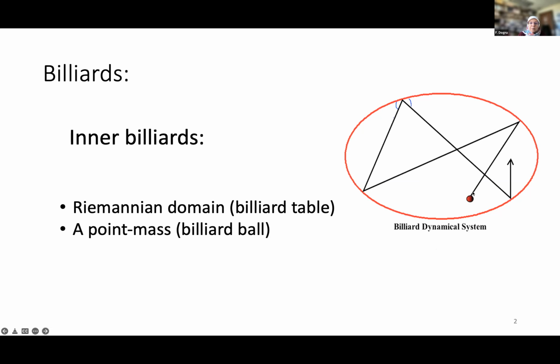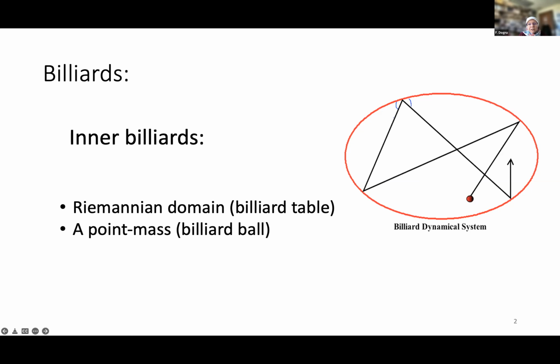This mass point moves inside the domain along geodesics until it hits the boundary. The reflection at the boundary is elastic and subject to a well-known geometrical law: the angle of incidence equals the angle of reflection.